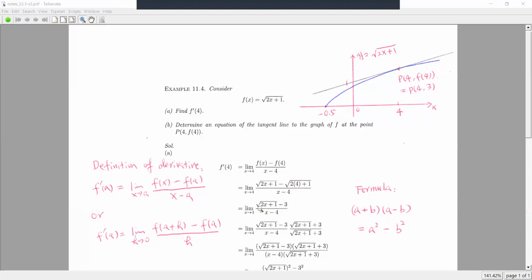To find this limit, by direct substitution, plug in 4 for x. But then we have 0 over 0. We cannot tell what is 0 over 0. So to determine this limit, we need to simplify the function.